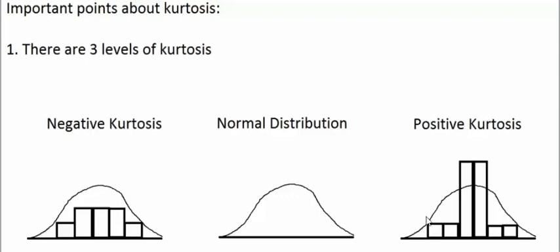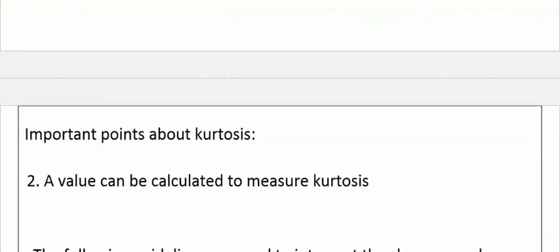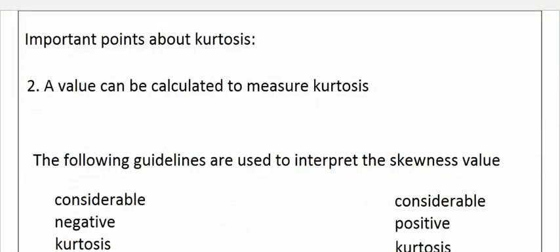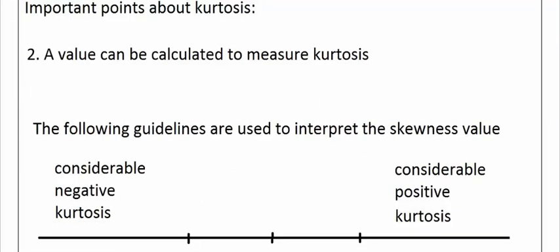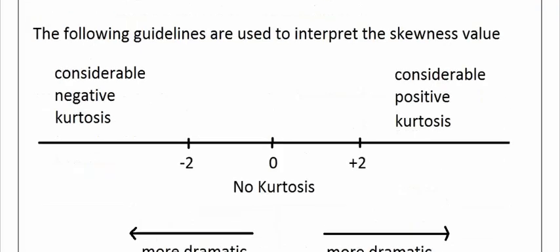Now I just want to give a summary of histogram shapes. First of all, I wanted to mention that there's also a statistic that can be used to measure kurtosis. A normal distribution has a kurtosis of 0. And if the kurtosis statistic comes out below 0, you have a negative kurtosis, meaning flatter than a normal distribution.